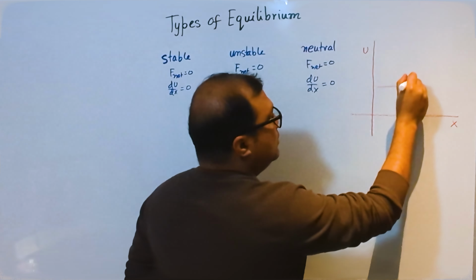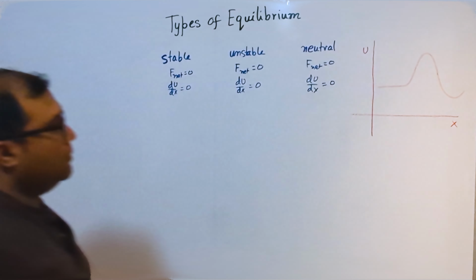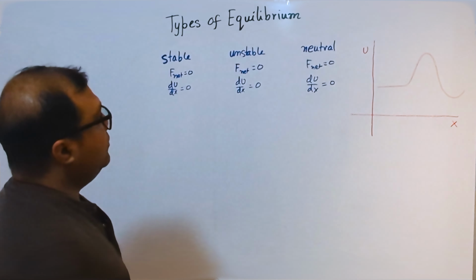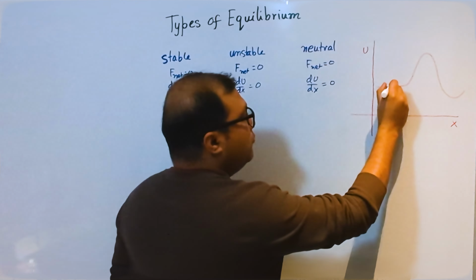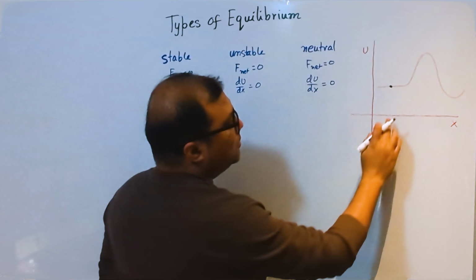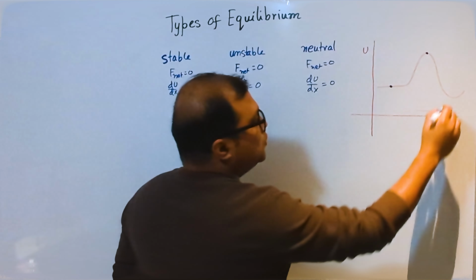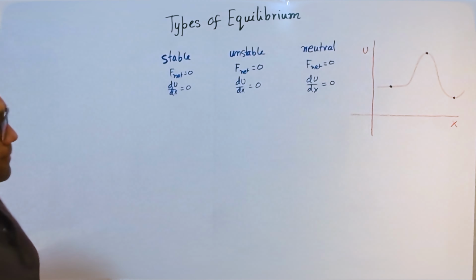The line goes up, goes down. Now we will examine the equilibrium at different points. We will examine the equilibrium at, let's say, x1, at x2, and at x3.